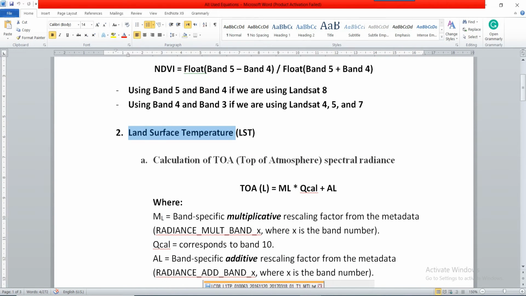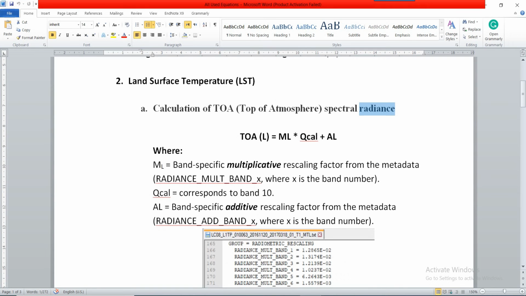First of all, we have to calculate the TOA, or top of atmosphere spectral radiance. For this purpose, we have this formula, which is ML multiplied by Qcal, add AL.